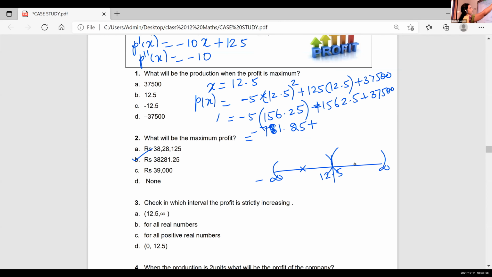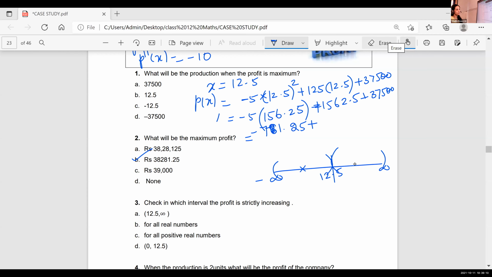Okay, I'll mark your attendance, 1 second. So what is the answer? In which interval it is increasing, Shubham? In which interval it is increasing? 12.5. What is P dash of X here?